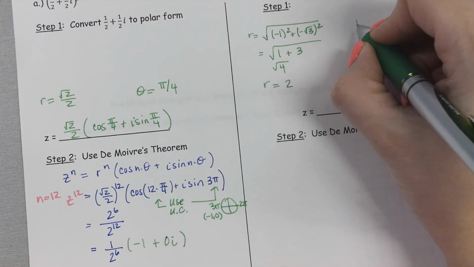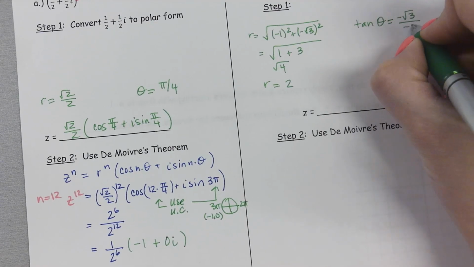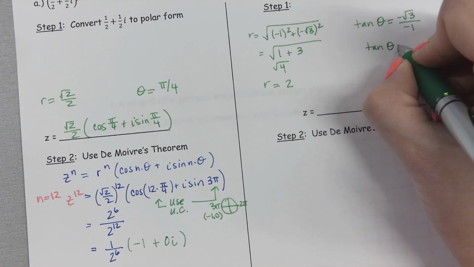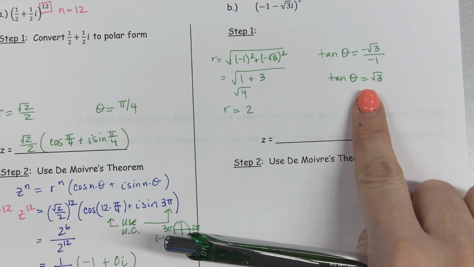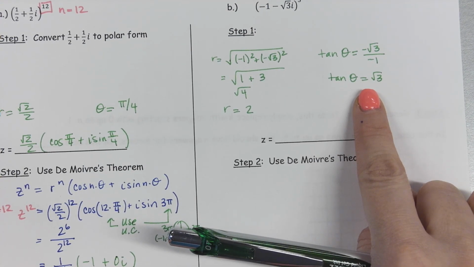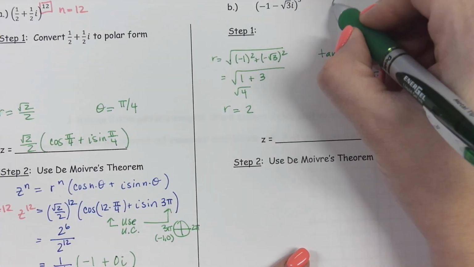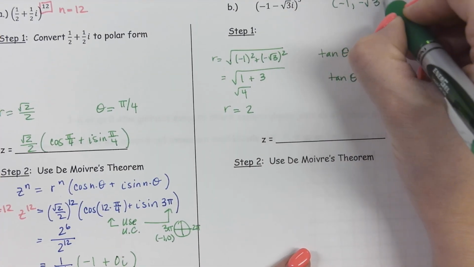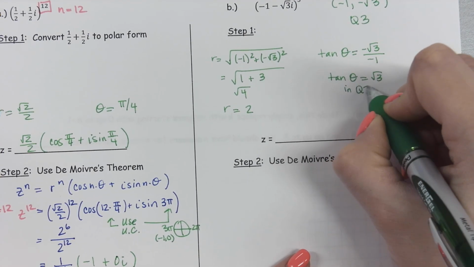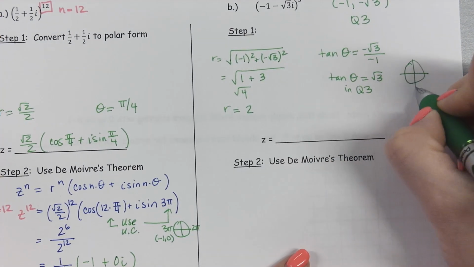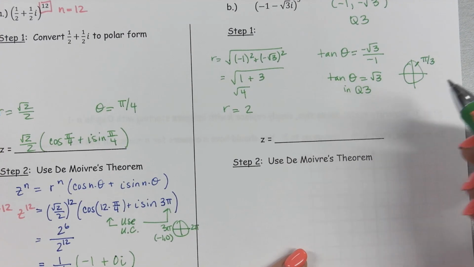And then Nina, what'd you get for your theta value here? When you have the tangent of √3 in quadrant 1, where is it √3? At pi over 3. Yep. So this has to be in what quadrant? A negative is going to be in Q3. Sometimes I start with, I know it's going to be here in quadrant 1.